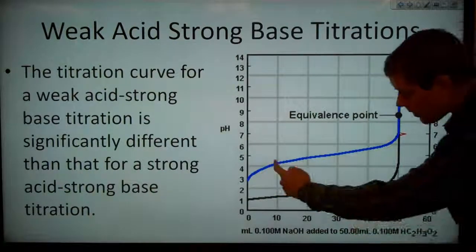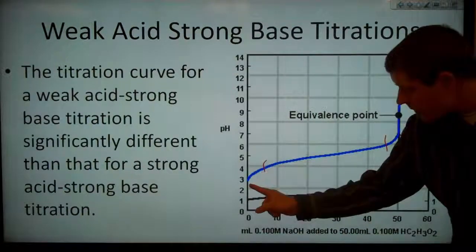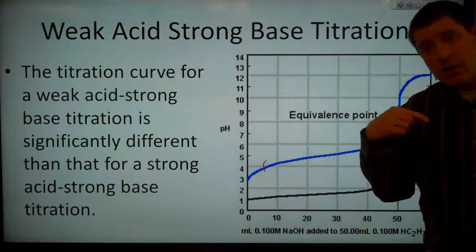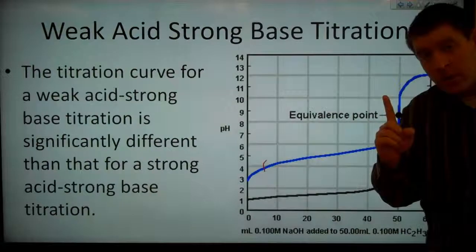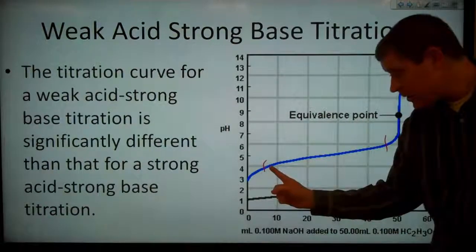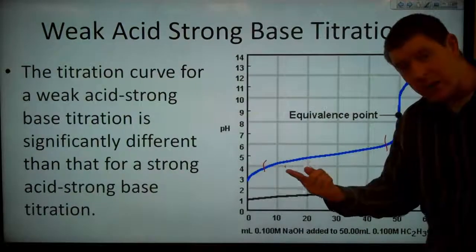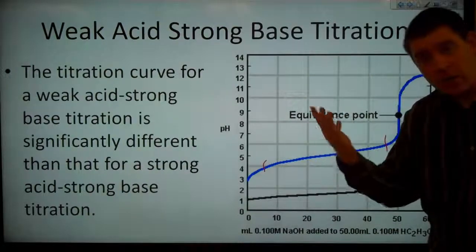All of this region in here is the buffering region, because when we initially start, we have none of the conjugate base of our weak acid, which means we don't have a buffer. But once we start to add some base, now we've created a buffer, because now we have some of the conjugate base of our weak acid. So we have an acid and its conjugate base, we have a buffer.